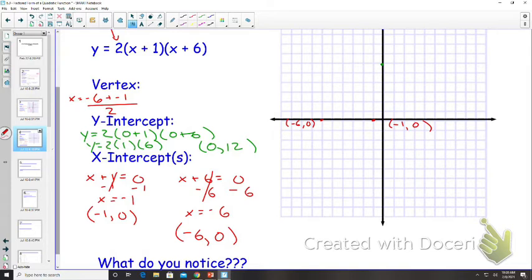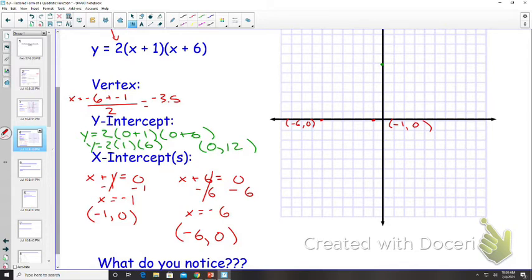We just have to be careful with our negatives here, right? Negative 6 plus negative 1 is negative 7. Negative 7 divided by 2 is negative 3.5.